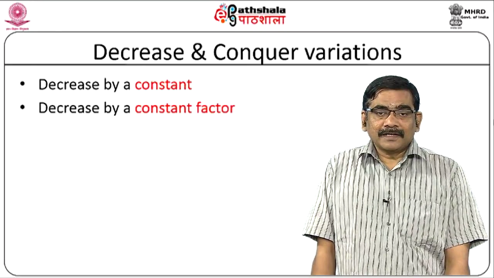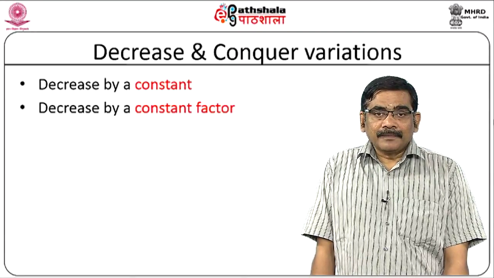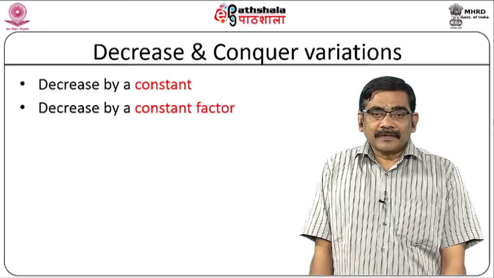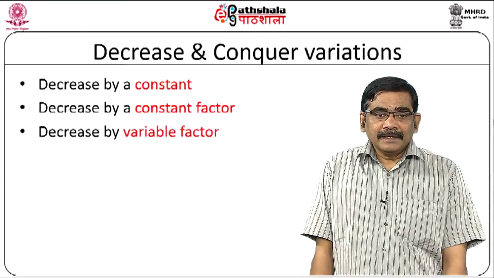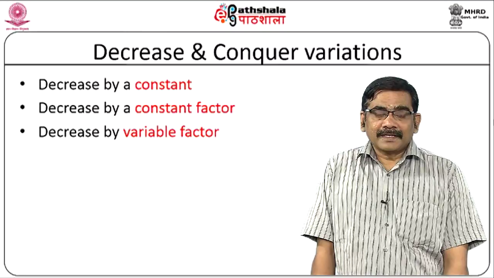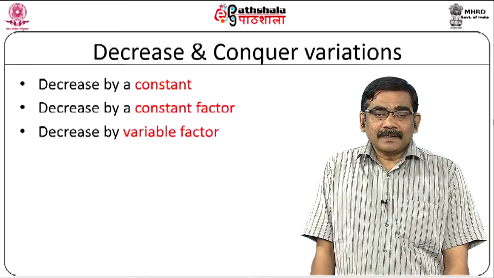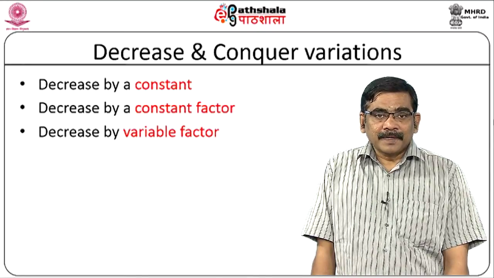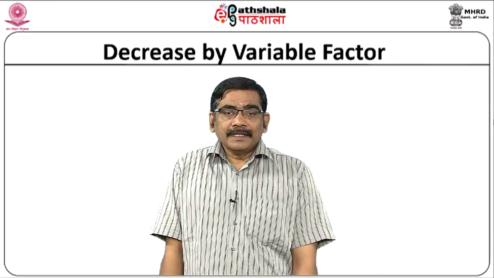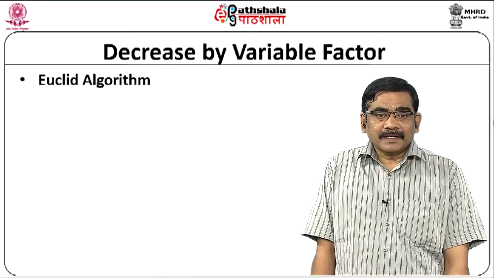Decrease by constant factor algorithms like binary search, where the search space is reduced by a constant factor. Then the last category is called decrease by variable factor, where the decreasing amount depends on the nature of the problems. So, in this module we are primarily going to take decrease by variable factor only.